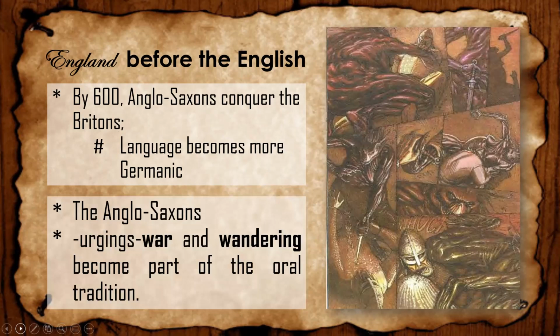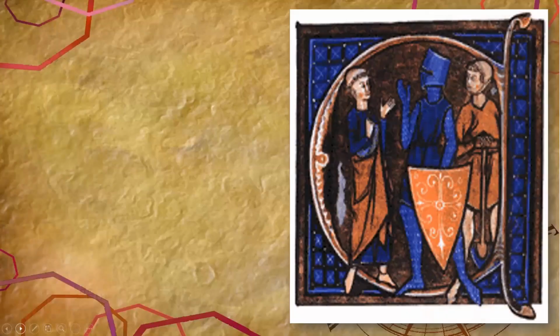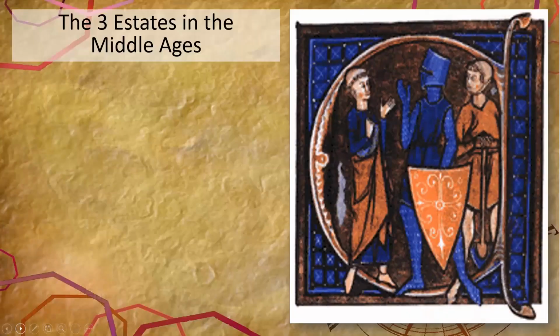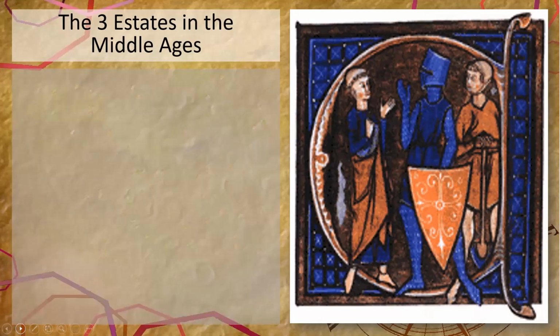So, since this is more on war, and wandering around, urging wars and wandering became part of the tradition. And if that is their tradition, their experiences, then most literatures are about wars as well. Okay, so we have the story of Beowulf.